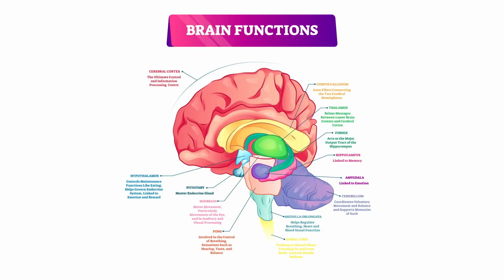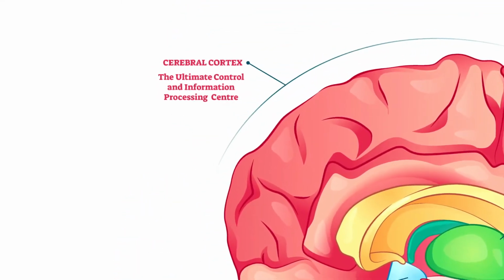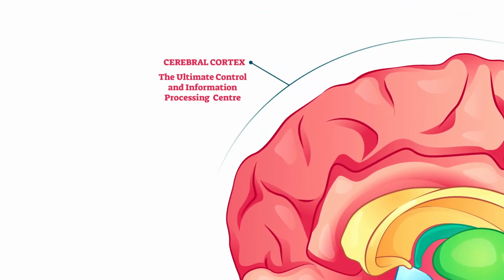Now the next part of the central nervous system, moving right along here, of course, is the brain itself. So the central nervous system is made up of the brain and spinal cord. We're going to be talking about the peripheral nervous system next. But let's take a look at these major brain areas and how we understand their particular functions. So we start off here at the cerebral cortex, that very familiar outside covering of the brain, the gray matter.